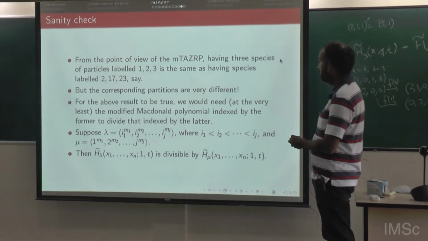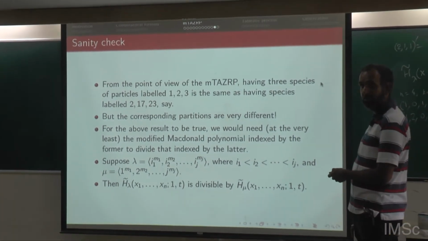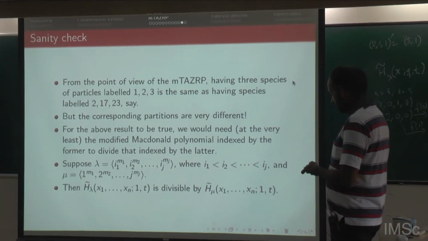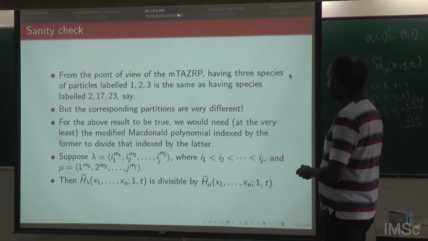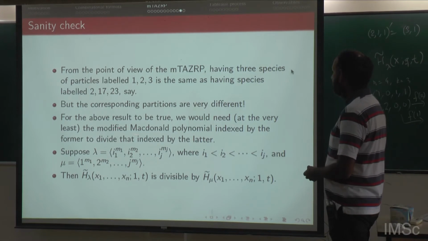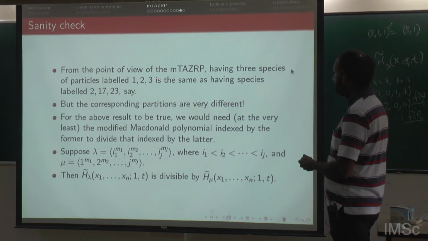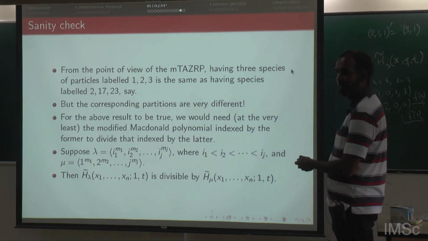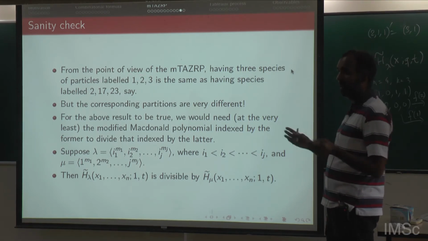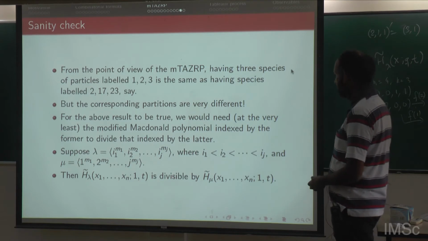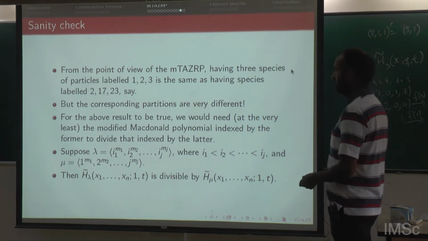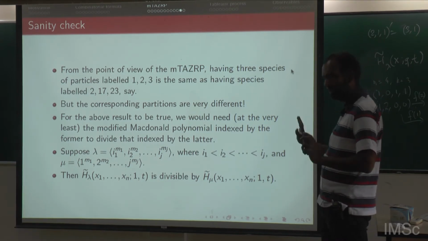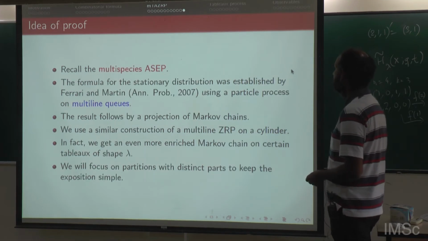You'll have a factor with 23 ones and 17 ones. And therefore, for the above result to be true, we need this modified Macdonald polynomial indexed by this to divide this. Otherwise this thing won't make sense. And because of this factorization, this turns out to be true. So this sanity check works out.